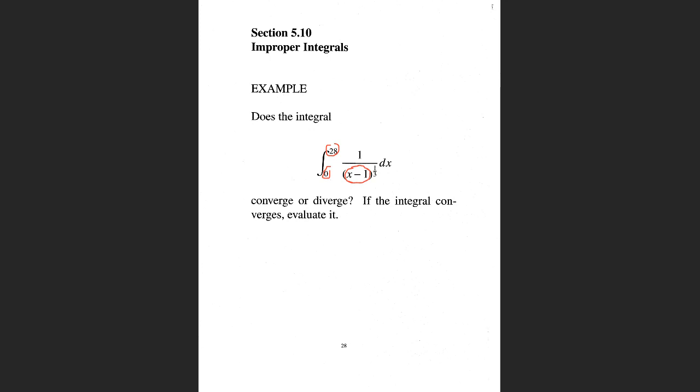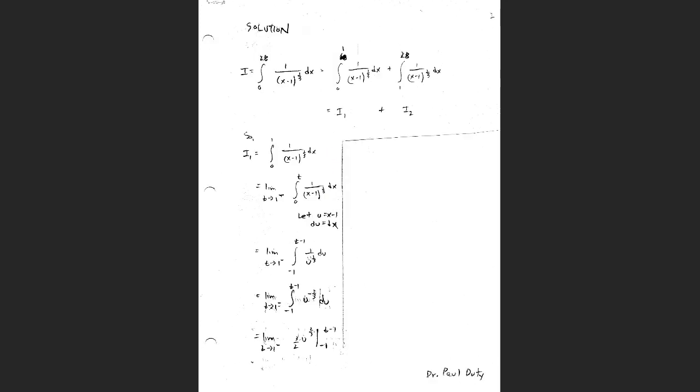So, well, how are we going to handle this? Let me show you. What we're going to do is take the integral and write it as the sum of two integrals. The first integral has limits from 0 to 1, and the second integral has limits from 1 to 28.